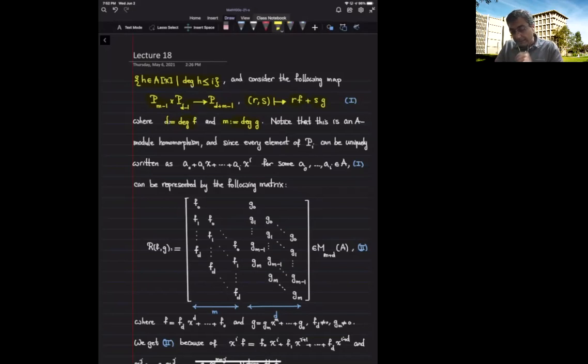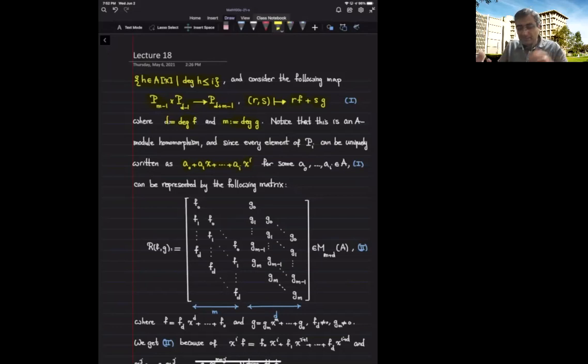And notice that every element of this polynomial space can be uniquely written as a sub 0 times 1 plus a sub 1 times x plus a sub 2 times x squared, up to a sub i times x to the power i.